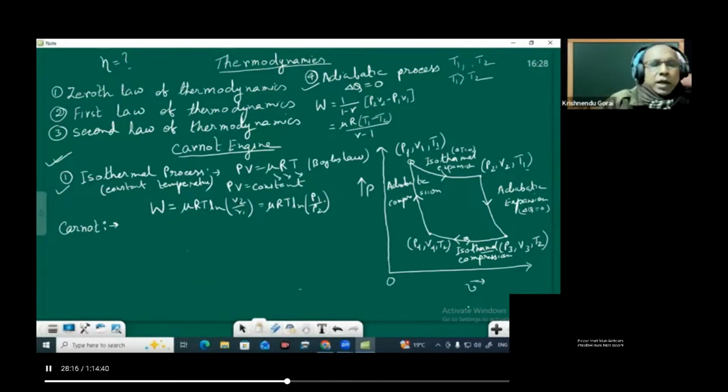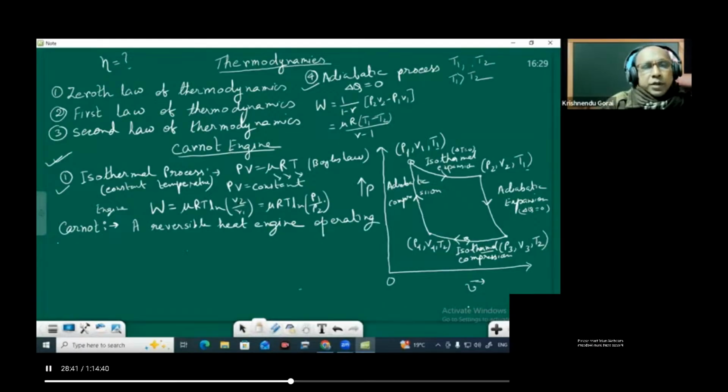What is a Carnot engine? A Carnot engine is defined in this way: a reversible heat engine operating between two temperatures is called a Carnot engine.